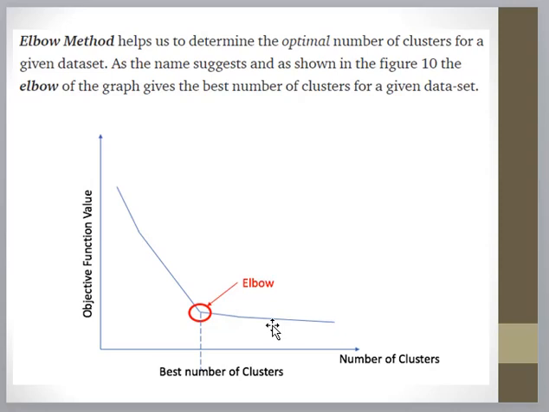So that point can be treated as the best number of clusters, right? So if we have 3 here, then we can conclude that for this problem we should have 3 clusters, and that will solve my problem in a better clustering way.